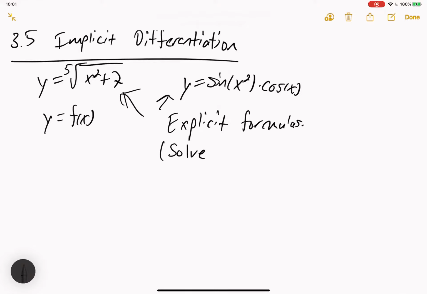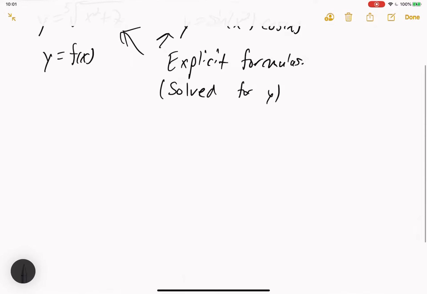Well, in this case, they're already solved for y, but a lot of equations you can get are of implicit form. An implicit form just means they do have a relation, but it's not so easy to get.